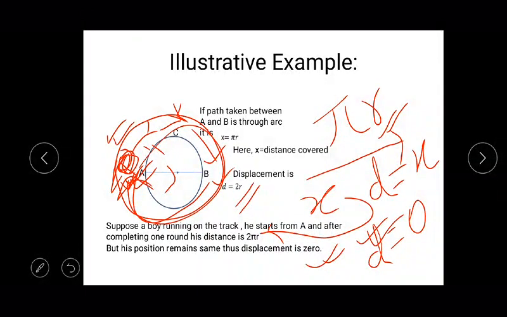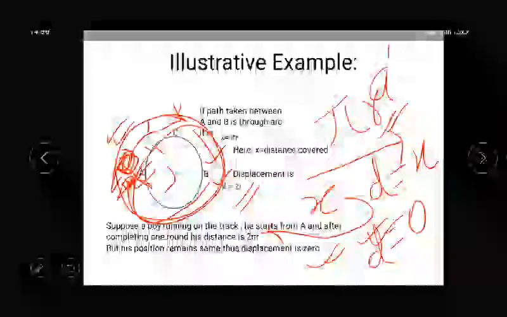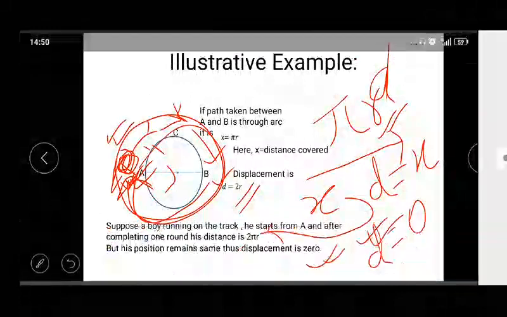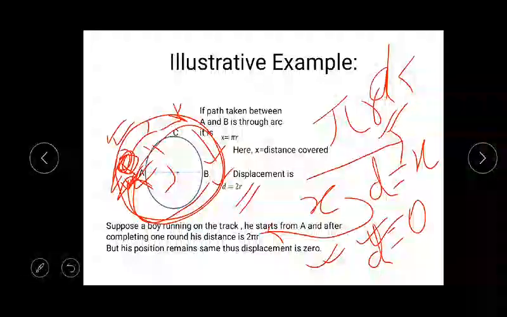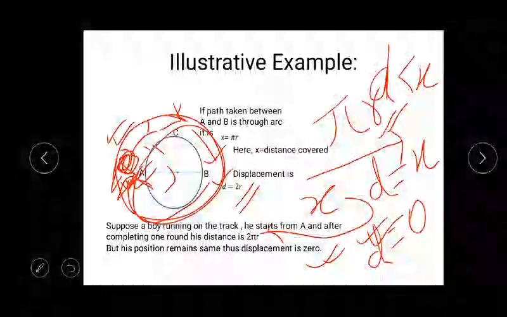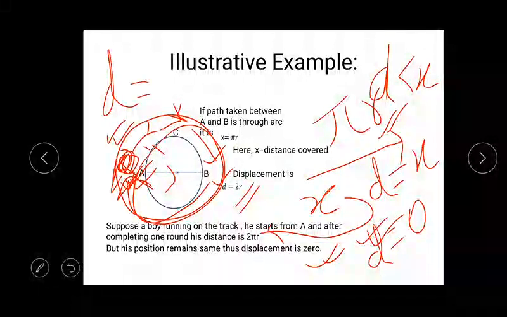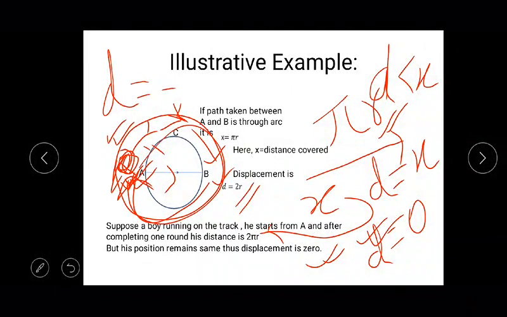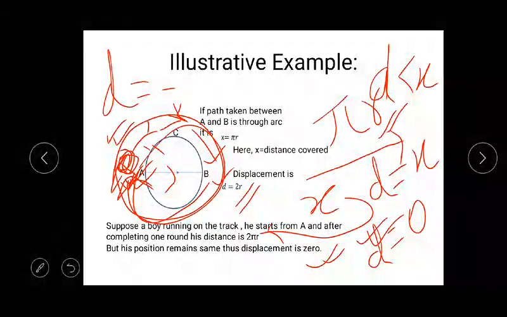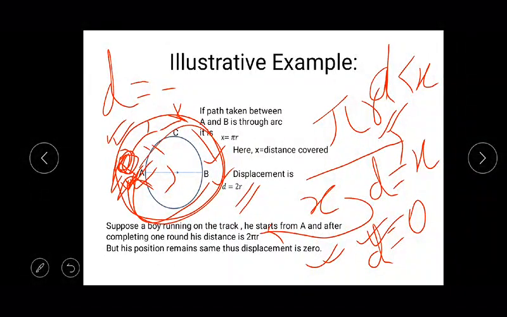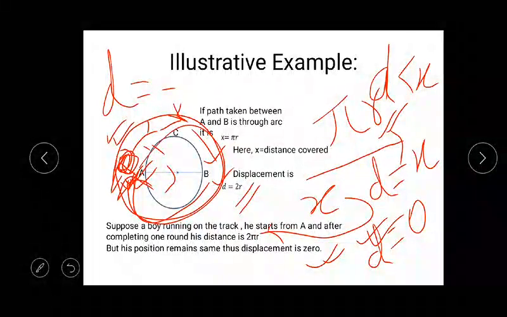But if the path is not straight, then we will see that displacement is always less than distance. Obviously both can be equal to 0 also, and displacement can sometimes also be a negative value. Displacement can also take up negative value. This we will understand in the next video.